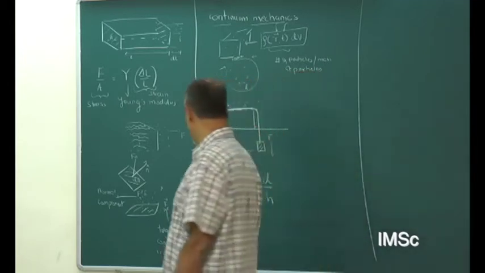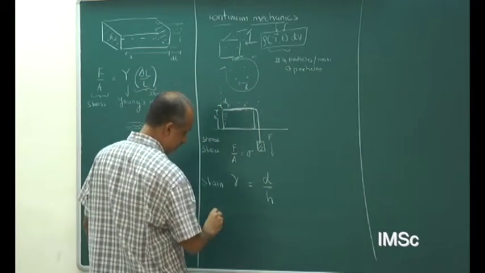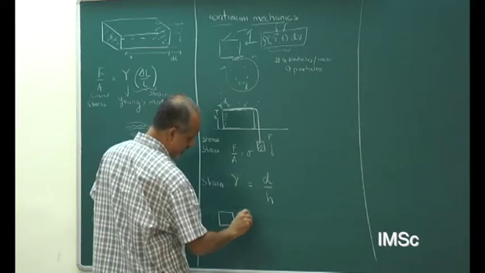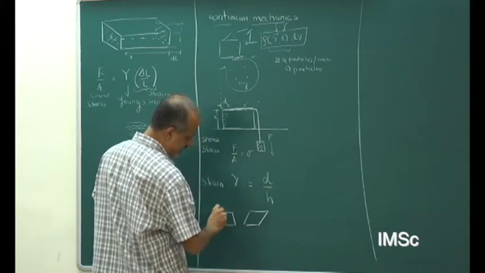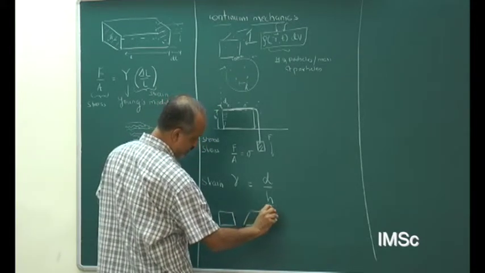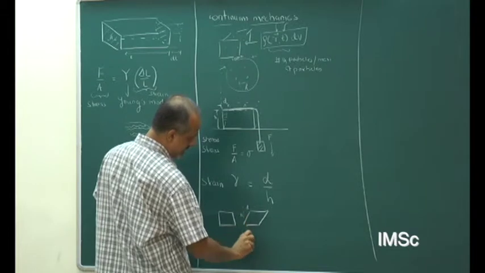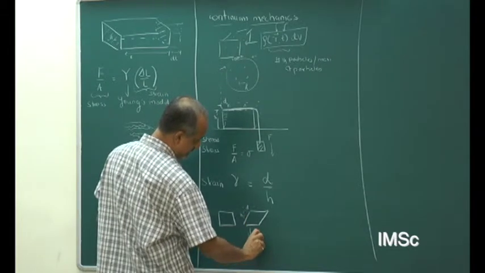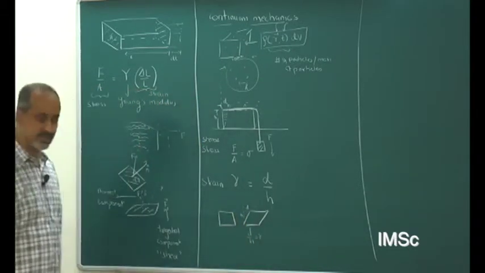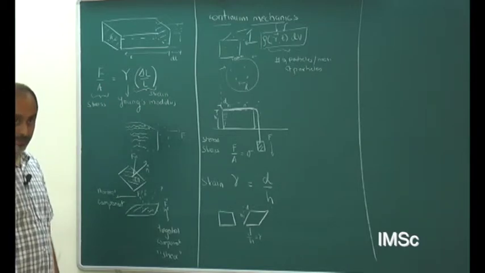Okay. So I have gone from a situation which is like this to a situation where my block itself is deformed by a certain amount that is given by the ratio D divided by H, where D by H is gamma, which is my strain. Okay.